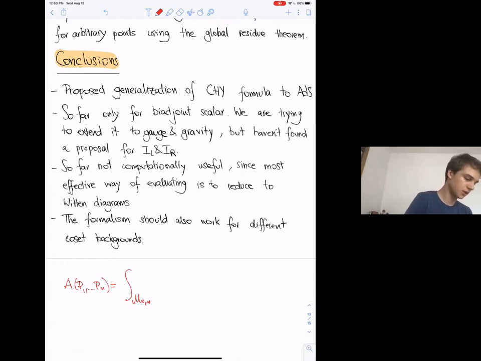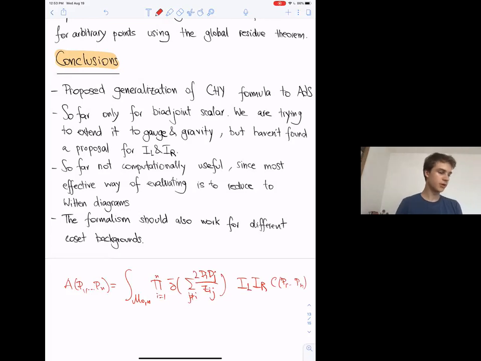Then we get the scattering equations, which take this operator valued form. And then we have these integrands, IL, IR, and finally we have the contact diagram.